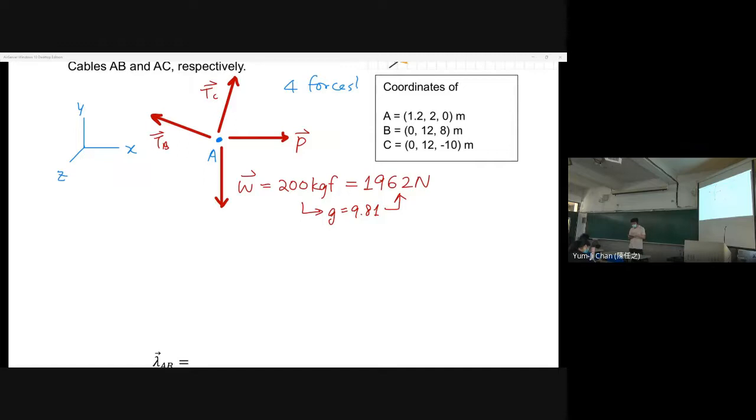Now, of course, we know the direction of W and we know the direction of P. But to calculate equilibrium, we need to know the direction of these two, right? What do we know about the directions of these two?